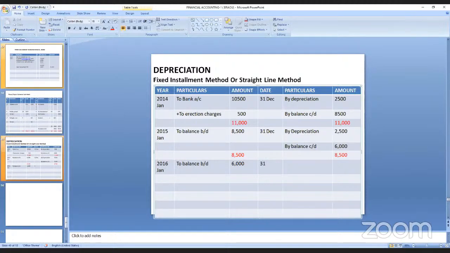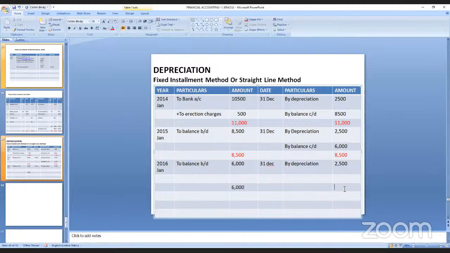Now 31st December. What is the depreciation amount? By depreciation, how much? 2,500. Then here the total should be 6,000.